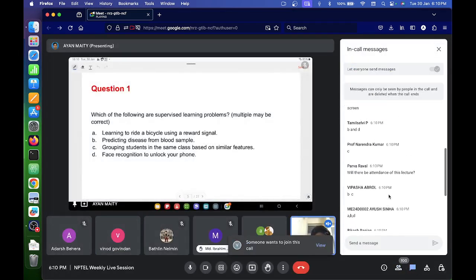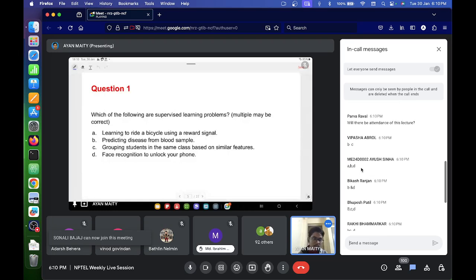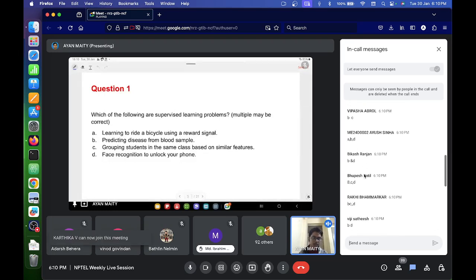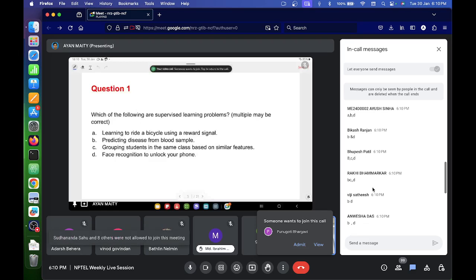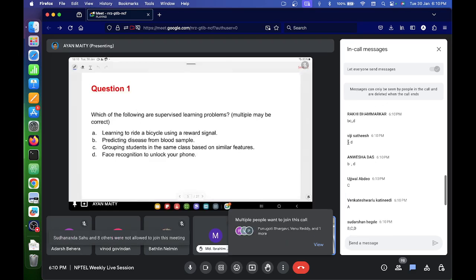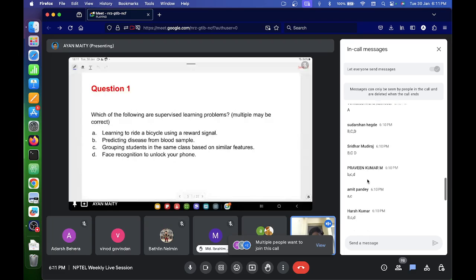Okay, so Bipasha is saying BC, Ayush Sinha is saying ABD, Bikas Ranjan is saying B and D, Bhupesh and Rakhi are saying BCD, Satish is saying BD, Anusha Das is saying BD, Ujjwal is saying C only, Venkateshwar Varlu is saying A, and many of you are saying BCD.